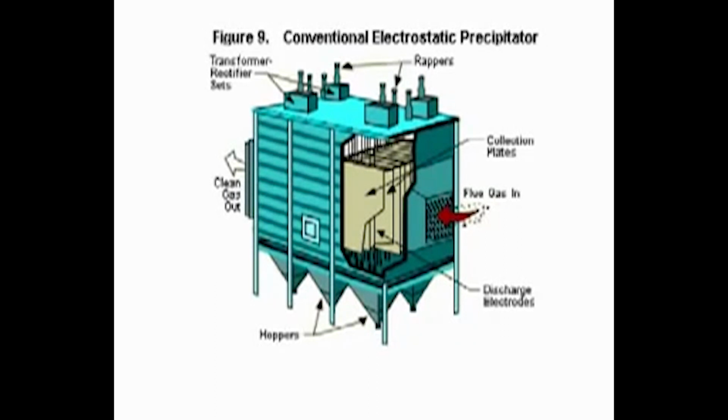Once the dust falls into the ESP hopper, it is either pneumatically collected, or, I don't know if you recall, have you heard about fly ash ponds and things like that? Then what they do is they bring a water pipe here, and the water is mixed with the fly ash, and there is a sluice valve which rotates, and the fly ash keeps falling down.